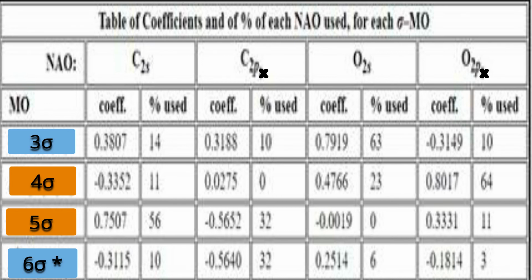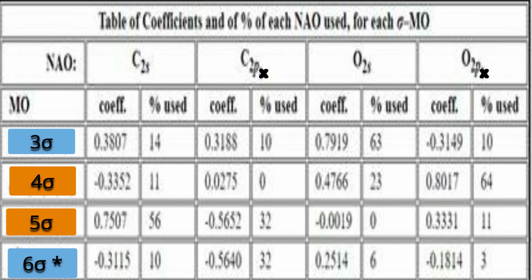We can say 4 sigma orbital belongs more to oxygen, but I am talking here about the bonding and anti-bonding characteristics. 4 sigma orbital is anti-bonding to oxygen 2s orbital. Otherwise it is bonding. And what is the contribution? 23%.